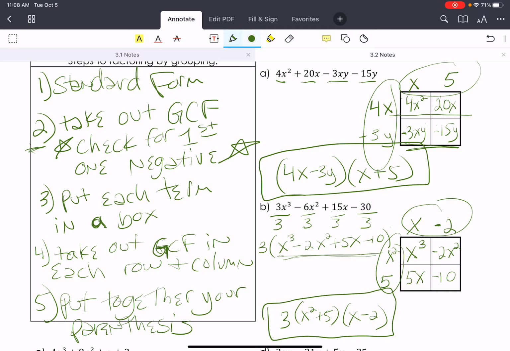And the last step, step 5, put your parentheses together. We get those from the outside of the box, right? Yeah, that one.